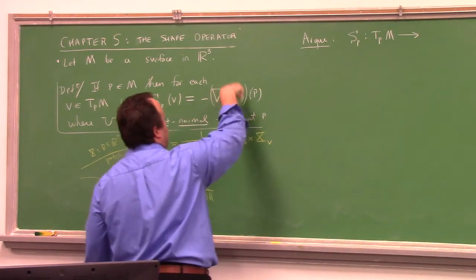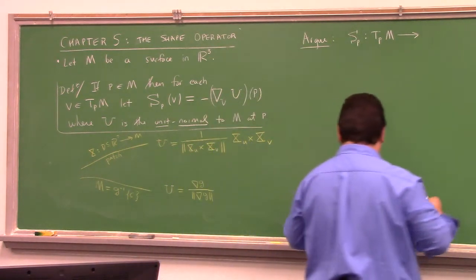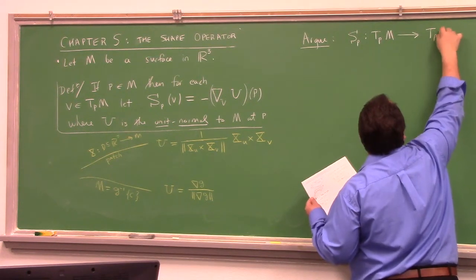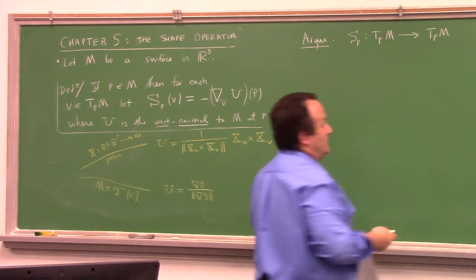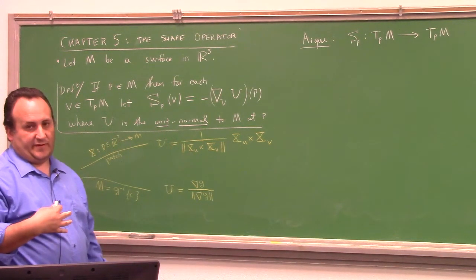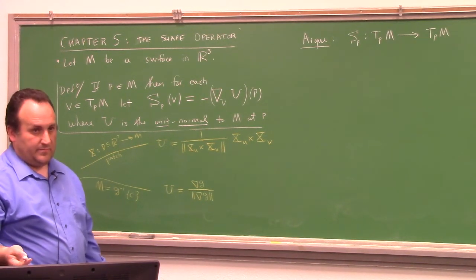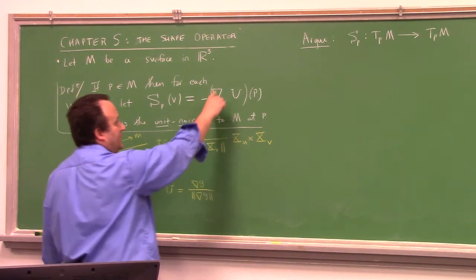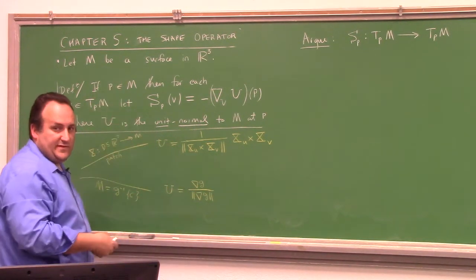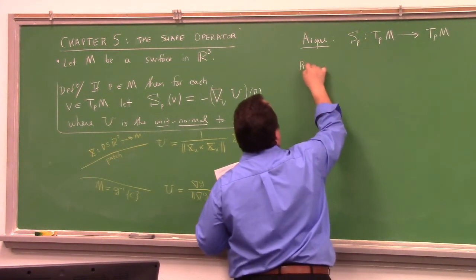So this is my first lemma, that its output is again in the tangent space. Now, we don't know that for sure, right? I mean, it could be in the normal space in principle, right? Because the covariant derivative in R3 could go in the tangent space, or it could go in the normal space in general. But this little calculation is actually a lemma.